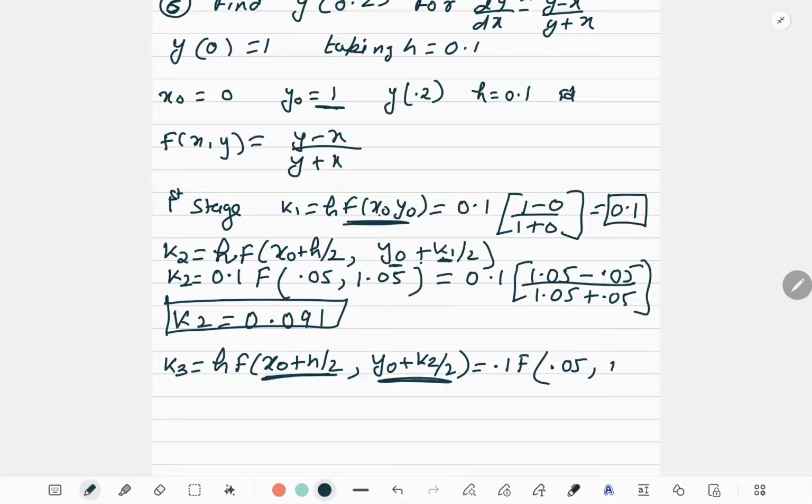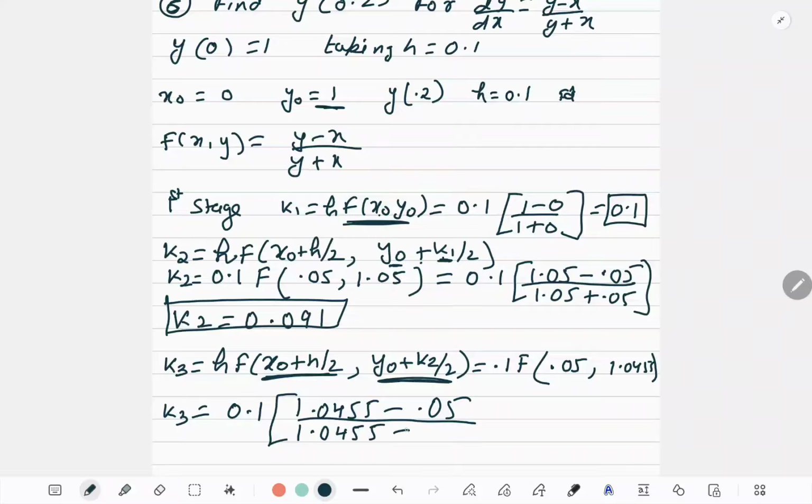So I will get 1.0455. Right? And when I substitute it in the formula, 0.1 times (1.0455 minus 0.05) upon (1.0455 plus 0.05), this value will be 0.0909. So this is the value of our K3.